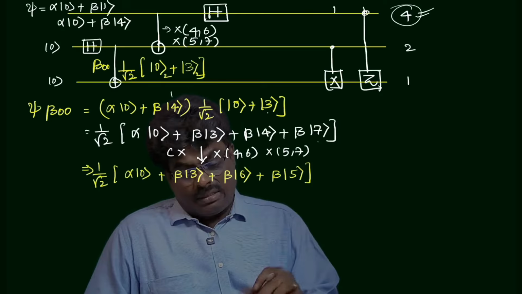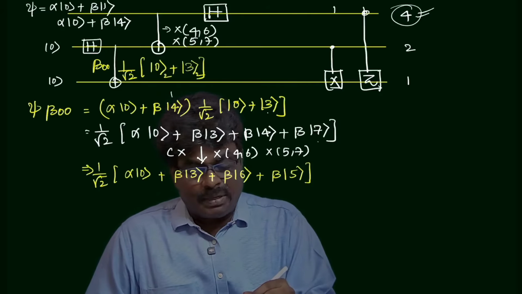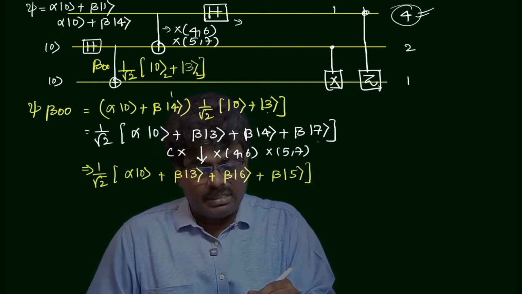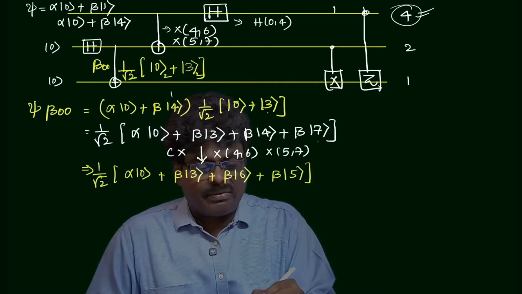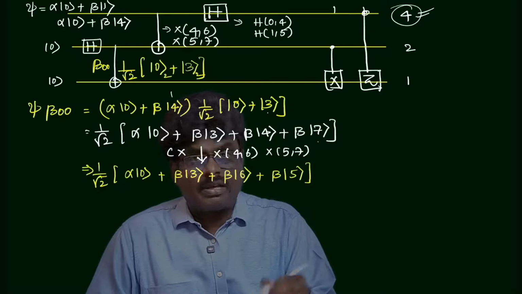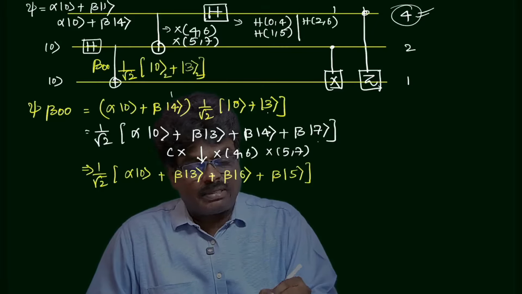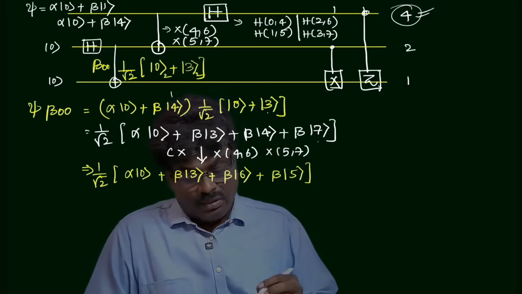Once you get this state, again we have to apply the Hadamard operation. So let me write the Hadamard operation in decimal notation. H is on 4, that's why H of 0 comma 4, and this is H of 1 comma 5, because we have to add 1. Next, these two we have to add 2, that is H of 2 comma 6 and H of 3 comma 7, right?